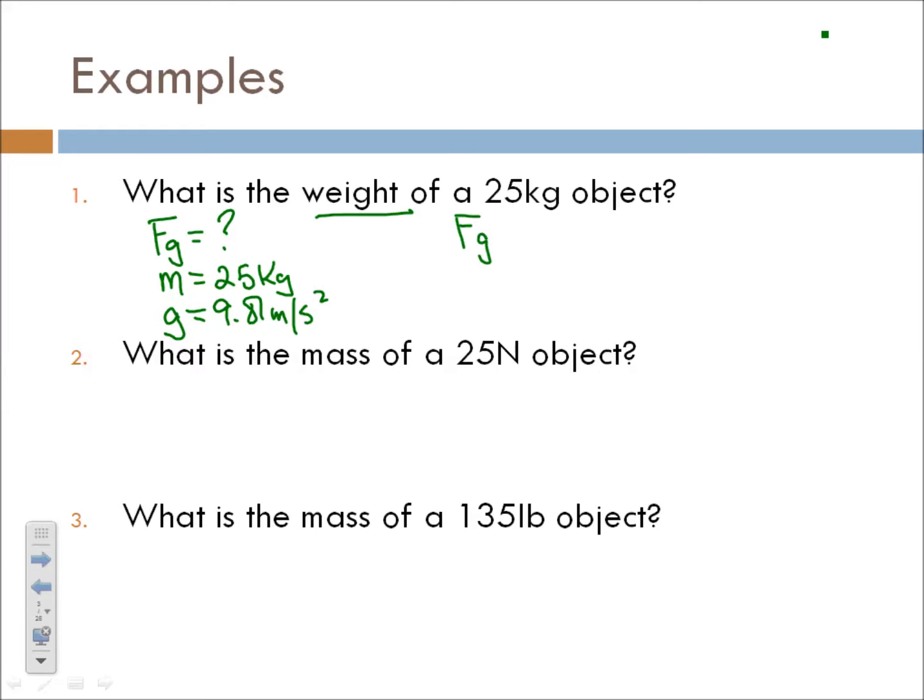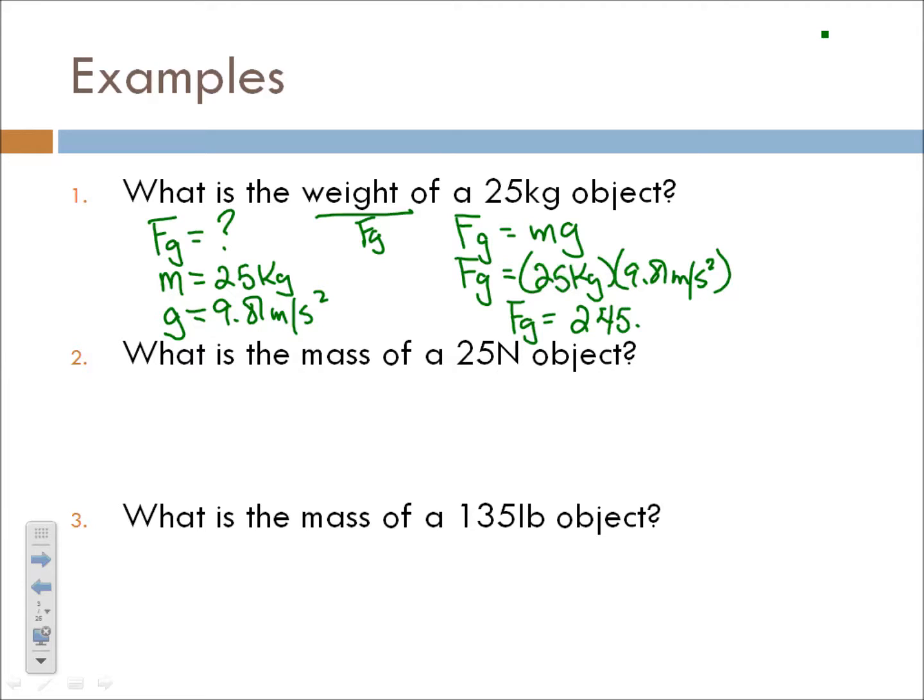We substitute these into the equation, weight being Fg. So we have 25 kilograms times 9.81 meters per second squared, and we get a gravitational force of 245.25 newtons. That's the weight of a 25 kilogram object.